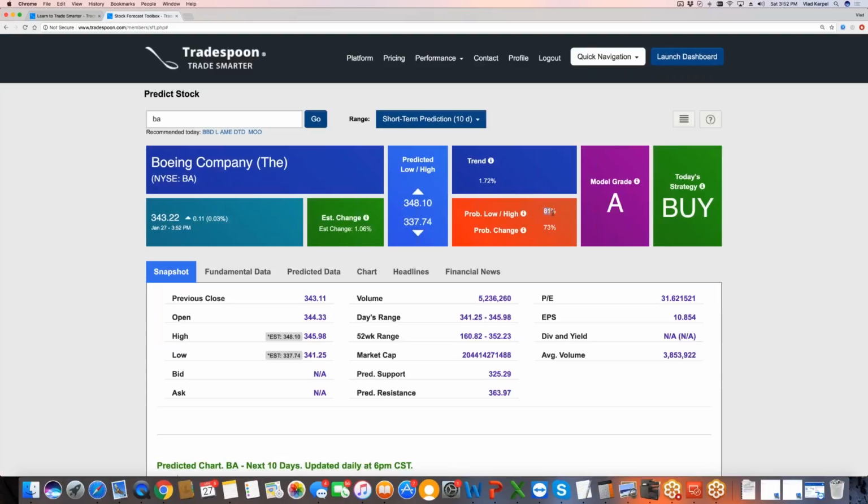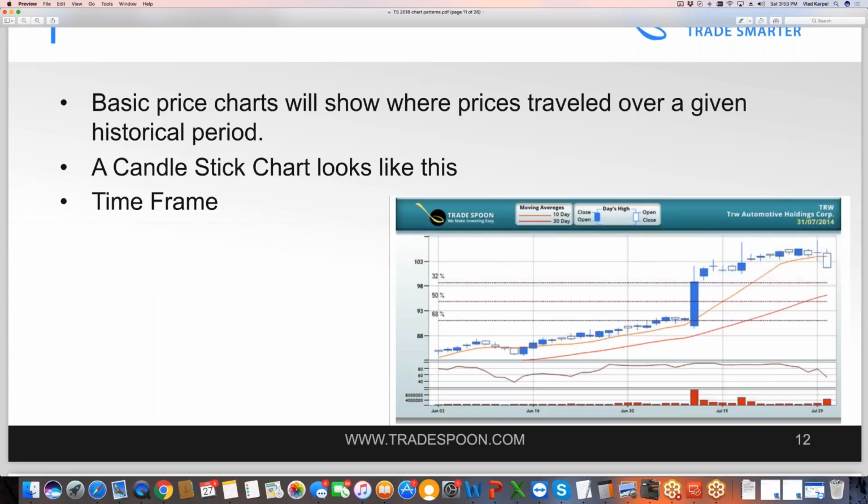Then 81% of the time, when Boeing reaches 337, the stock will close by the end of the session above 337. So as a trader, if you see Boeing trading at 337 and you know 8 out of 10 times the stock will close above that level, that gives you an opportunity, an edge. If you don't have these statistics, it's very hard to make an accurate decision in your trading.